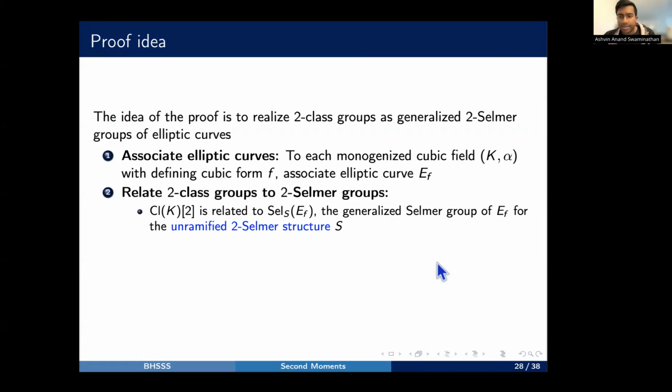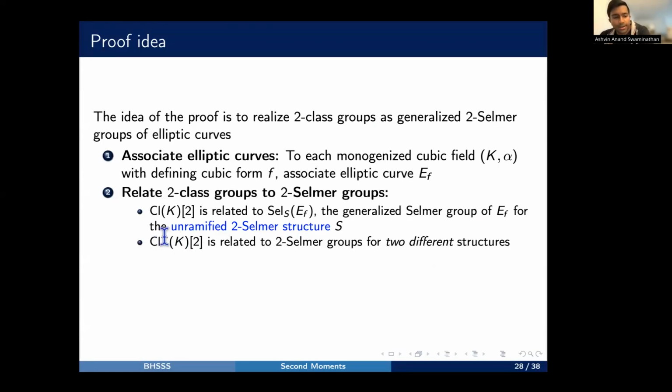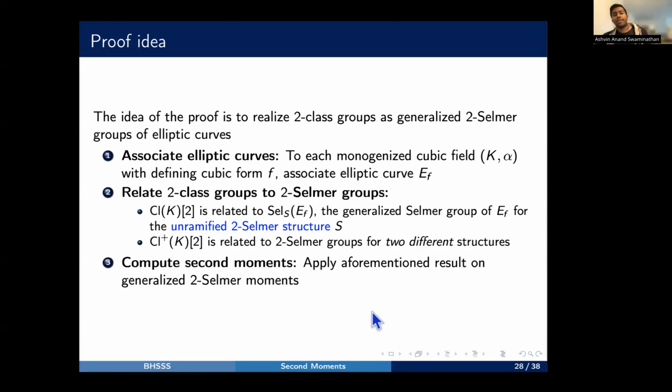And we can do that using the unramified two-Selmer structure, at least for the two-class group. Now, for the two-part of the narrow class group, the unramified Selmer structure is not sufficient on its own, and we actually need to use two separate Selmer structures in conjunction with each other to get it. So that'll be an interesting wrinkle. And then once you have that, you can just apply the previous result on generalized two-Selmer second moments.